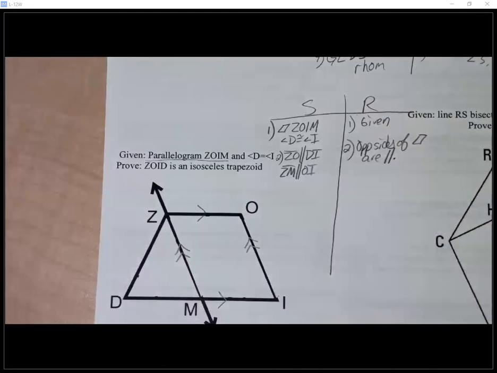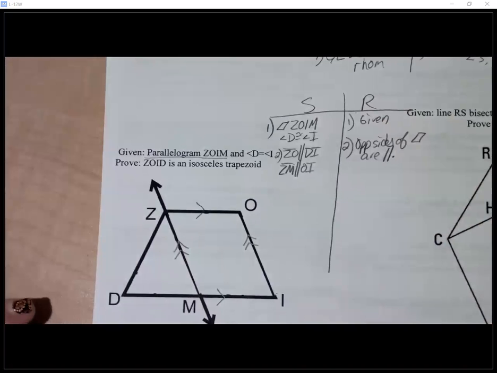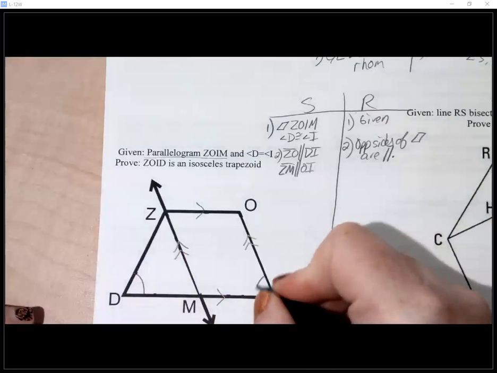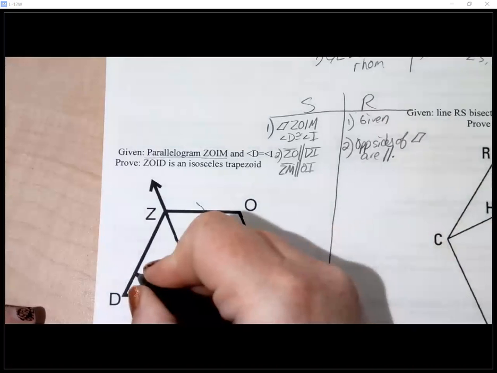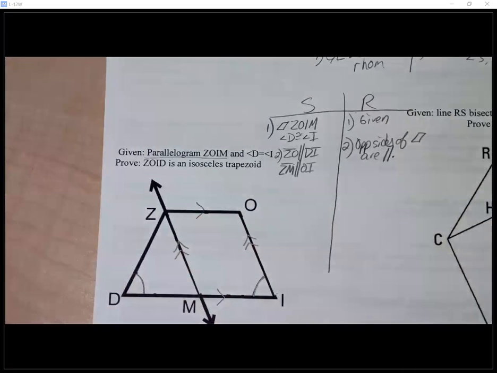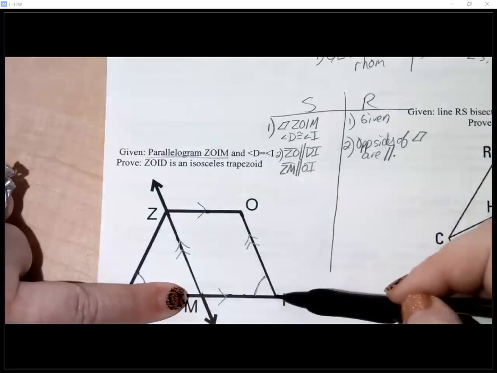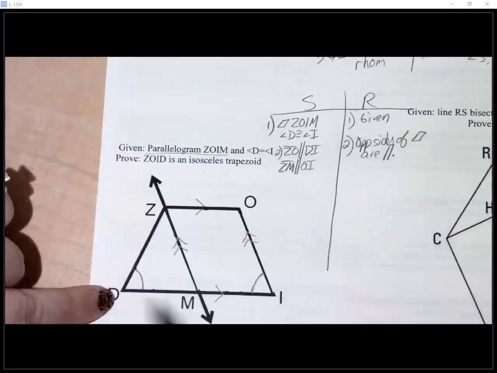All right, I also know from the given, I didn't mark this yet, angle D is congruent to angle I. Okay, cool. So now let's see. We have enough to say that this thing is a trapezoid, so we should probably do that. How do you know that ZO is parallel to DI? Well, I know that ZO and MI are parallel, right? Since this is just an extension of that same line, you can just say the whole line.